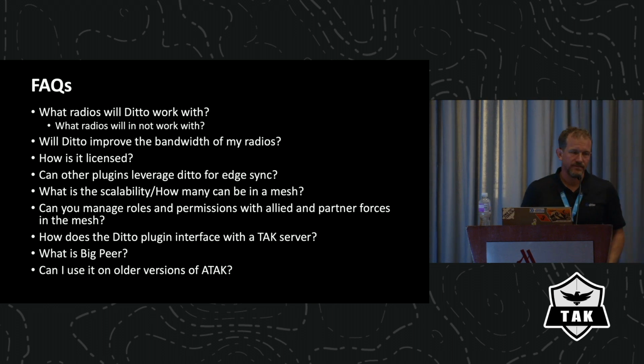Yes, sir. Kind of in the same vein, are you able to prioritize the RF bearers or potentially blacklist them? Like if I don't want any of my devices using BLE, can I lock that down? Yes, the question is, can we prioritize or choose which transports are used?